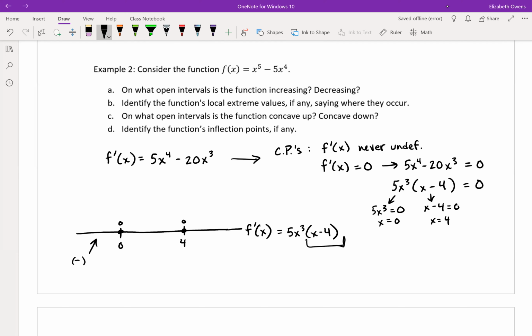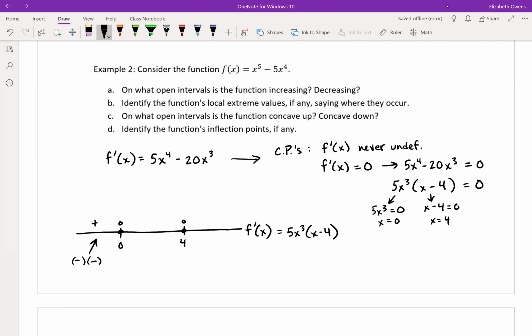And x minus 4, also regardless of whatever negative number you're thinking of, is also going to be negative. So we got two negatives over there. Two negatives make a positive. So f prime of x is positive when x is less than 0.